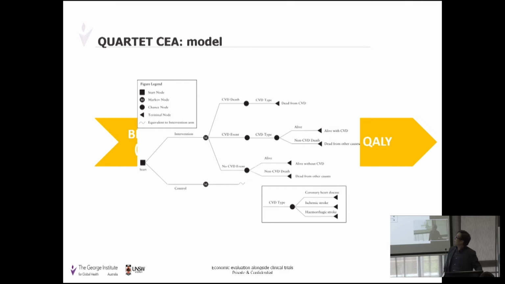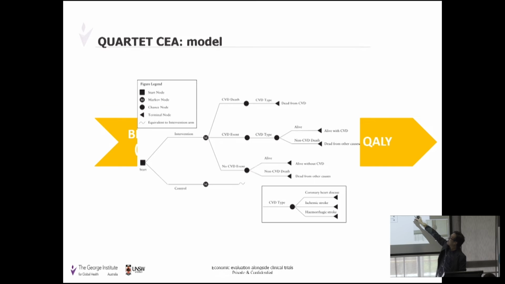Here's the structure of the model. I won't go into too much detail because it's pretty complicated, but the main thing you can see here is that it breaks up into two branches. One is the intervention, one is the control, and the control essentially replicates what's in the intervention. The squiggle here is basically saying that this is what we're doing.